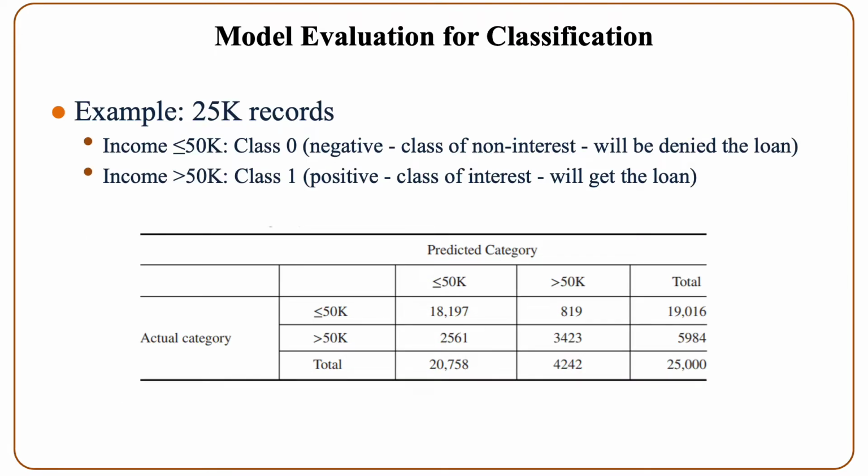We now look at an example. In this example, we have 25,000 records. If the income is less than or equal to 50,000, we call this class 0, or the negative class, because this is a class of non-interest.